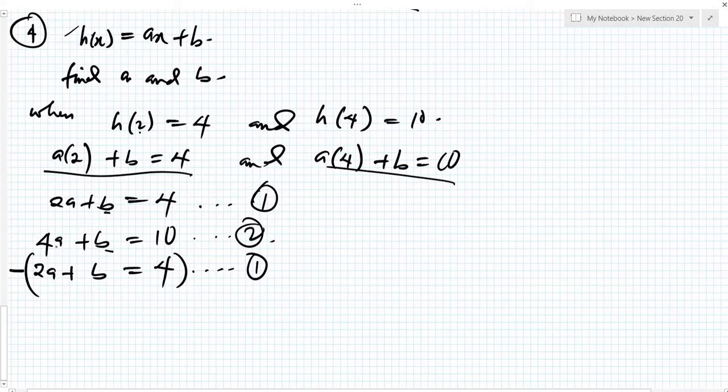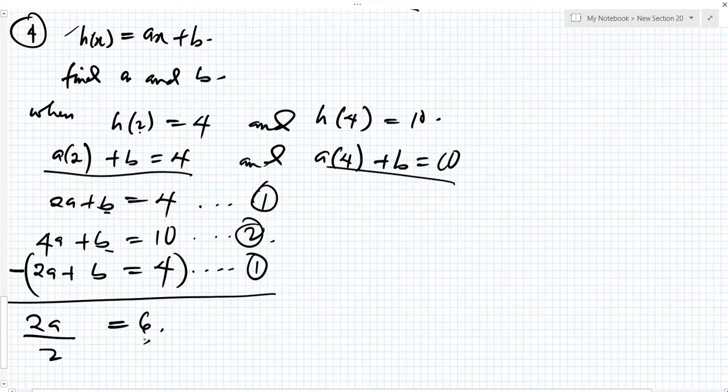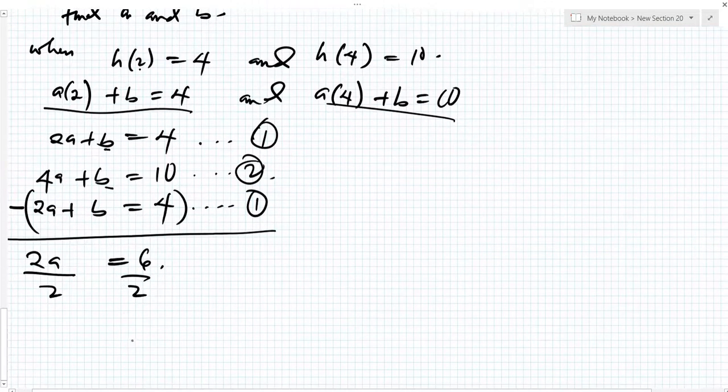So 4a minus 2a will give you 2a. b minus b will give you 0, to cancel out. 10 minus 4 will give you 6. So if you divide all through by 2, this will cancel out this. You are left with a is equal to, this divided by this, you have 3. So a is equal to 3.